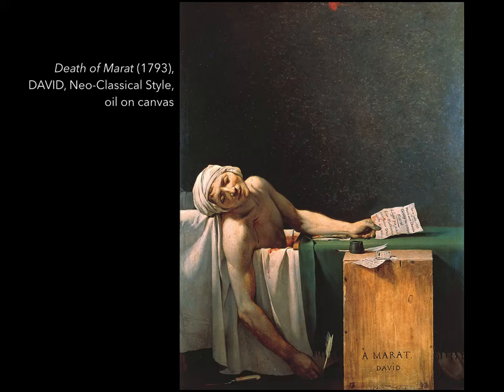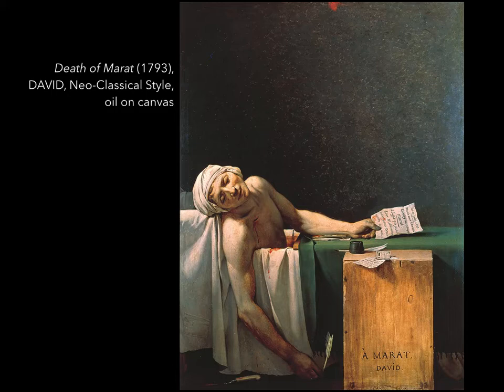And so here we have the death of Marat. And Marat was a revolutionary. He was a writer and a friend of David's who was assassinated. He was stabbed to death while taking this medicinal bath. He had a skin issue. And so this painting is made to inspire fellow revolutionaries to act. This painting gives us a very, very stark representation of Marat's assassination.